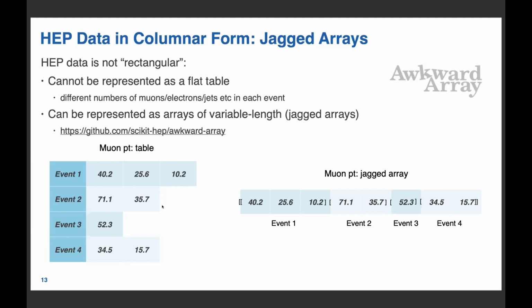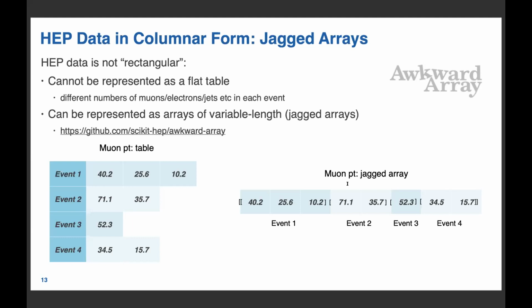So the idea is actually to represent high energy physics data as arrays of variable length arrays, so jagged arrays. This jagged array data representation, as I mentioned before, is provided by the Awkward Array library, and it can be visualized as represented here on the bottom right of the slide. So you're going to have an array of subarrays that represents your muon pT.